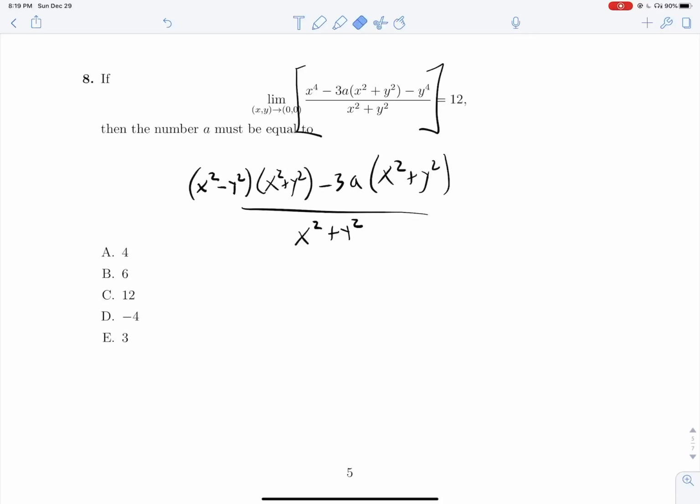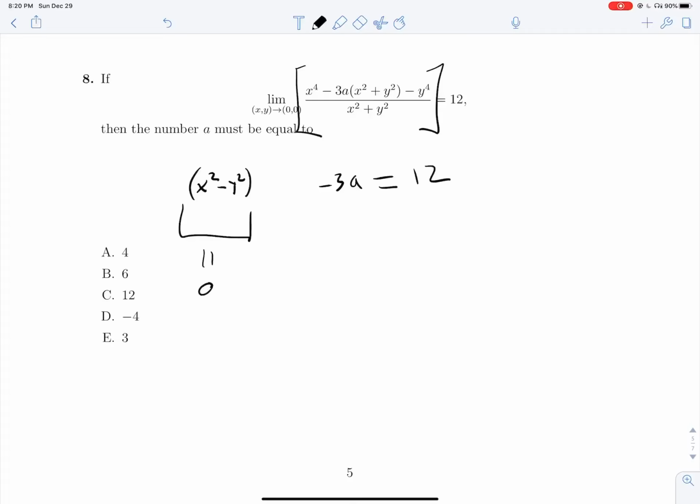Now things get really nice because we can cancel out an x squared plus y squared term from everything, and we see that this is equal to 12, and we're still approaching 0 with both x and y on our left side. So this whole little bit right here is equal to 0, and we're left with negative 3a is equal to 12, so a is equal to negative 4.